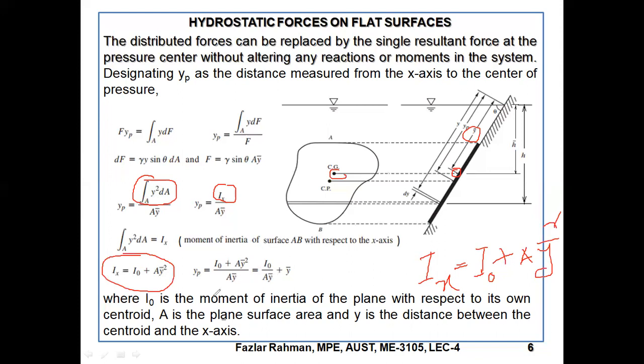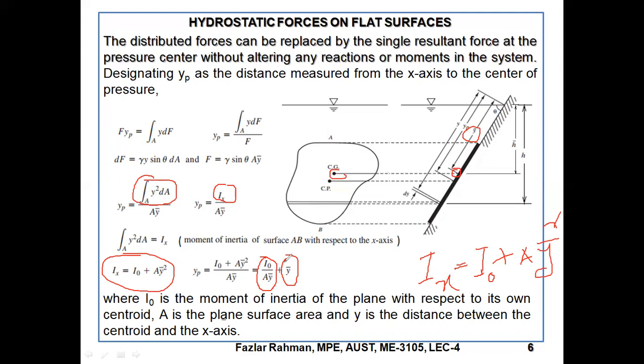Now you just simplify. So you are getting this value plus y bar. Now look carefully. What is y bar? The inclined distance of the location of CG, right? This y bar, the inclined distance, the location of CG. Now you see I naught is the inertia with respect to the CG of the object. In the bottom, area of the object into the horizontal distance.